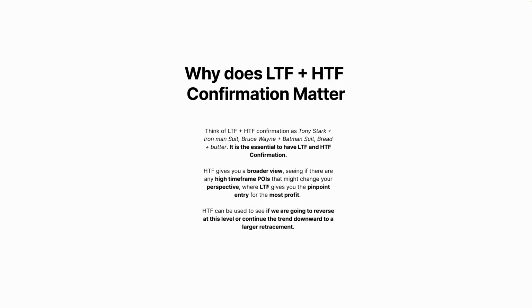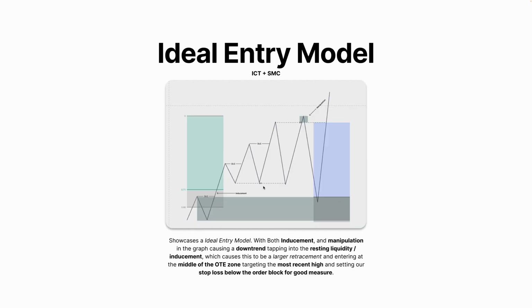Now, sometimes due to the nature of the ideal market structure, the ideal entry model here, we can see that there is inducement from the high time frame perspective. If we were to look at this from a low time frame perspective, we can see that this is going to go up. But if we came back down here, we are not going to hold, and we are going to continue down to this inducement from our high time frame perspective, which gives us a broader view of a larger retracement.